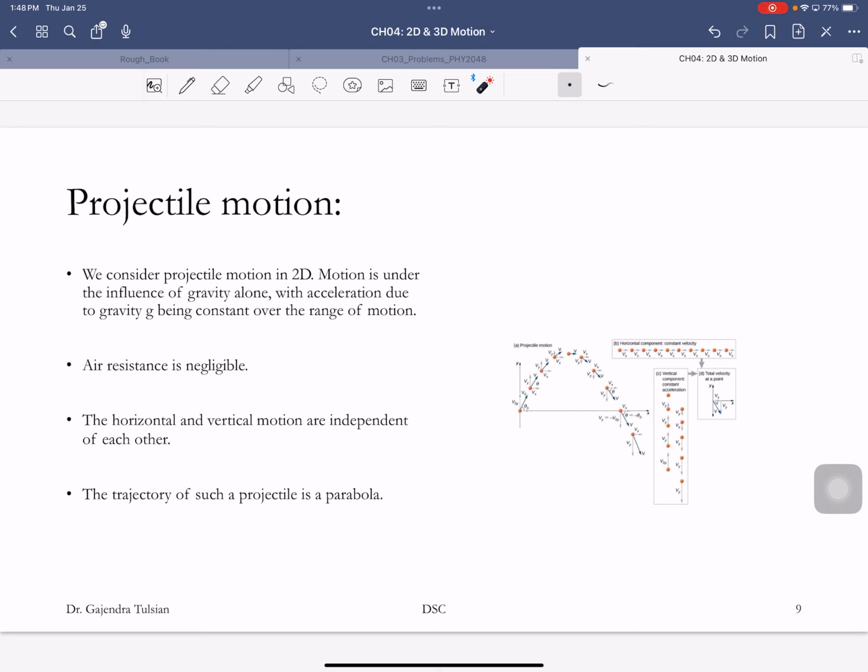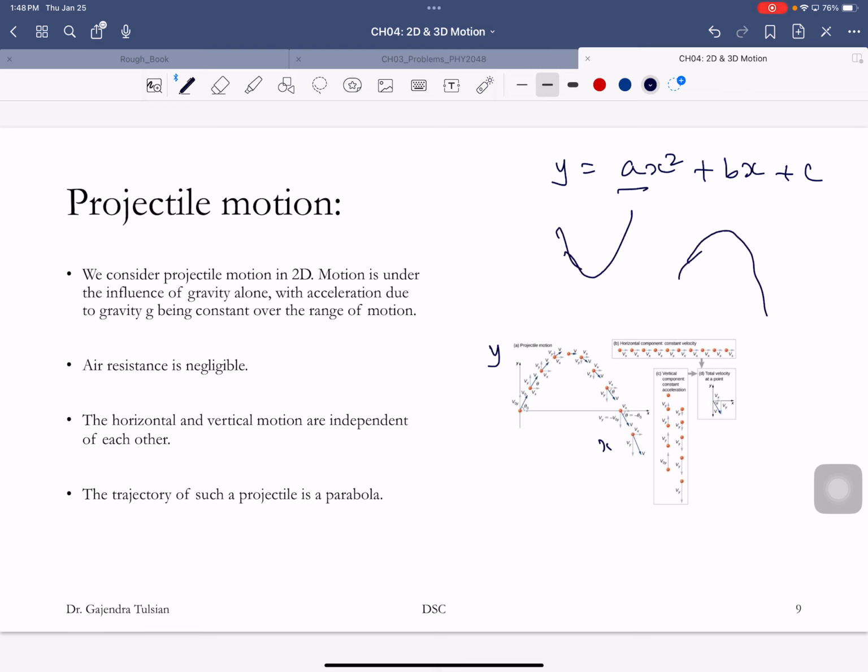As a reminder, so again, this is y, x. What does this graph look like? It's a parabola. If A is positive, the parabola would open upwards. If A is negative, the parabola will be opening downwards.